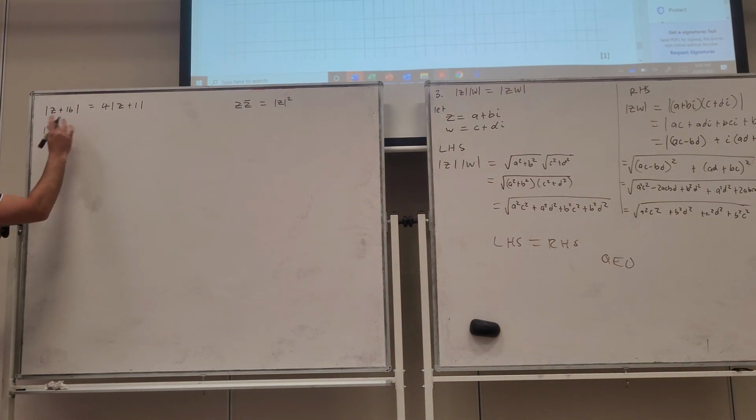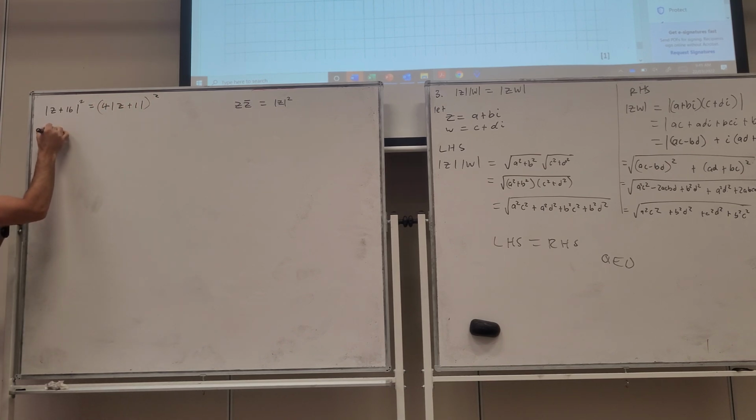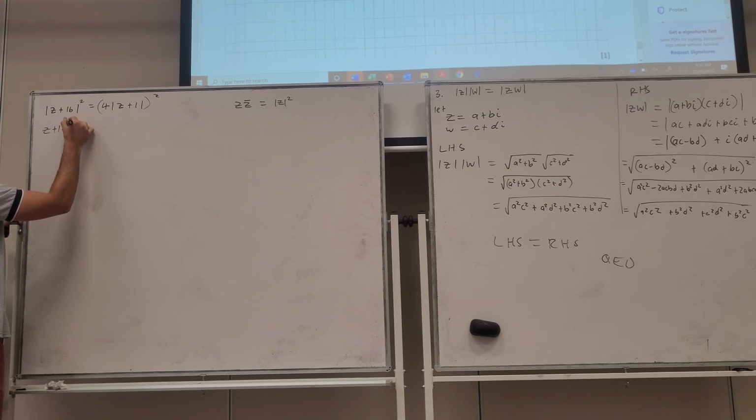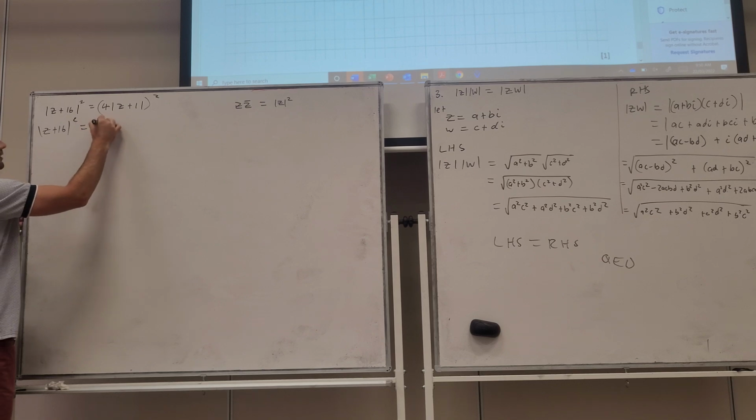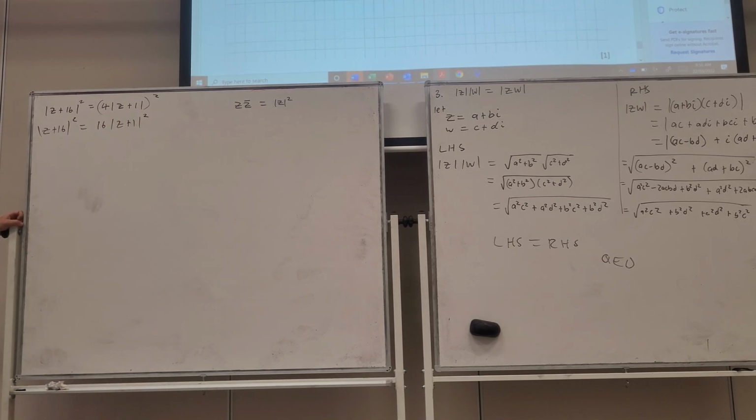So I'll just write squared up here, so that we can go straight to the next step, which is going to be z plus 16 times the conjugate of z plus 16. Let's do it slowly. Sorry. We're going to have modulus of z plus 16 squared equals 16 times modulus of z plus 1 squared. Okay, so we perform the square.